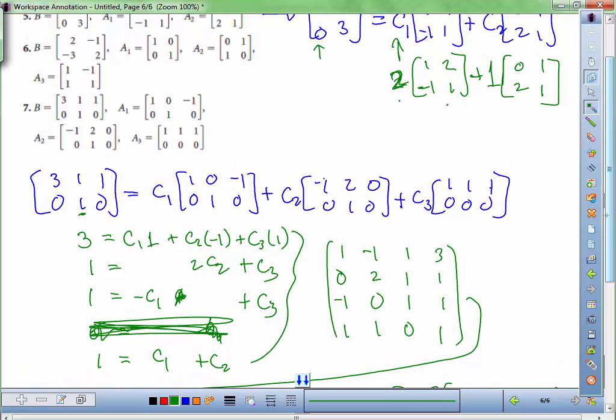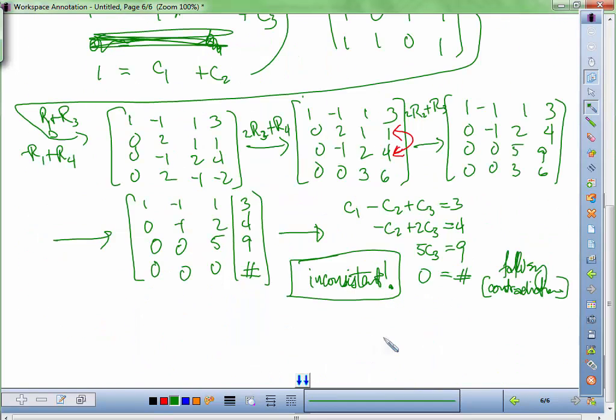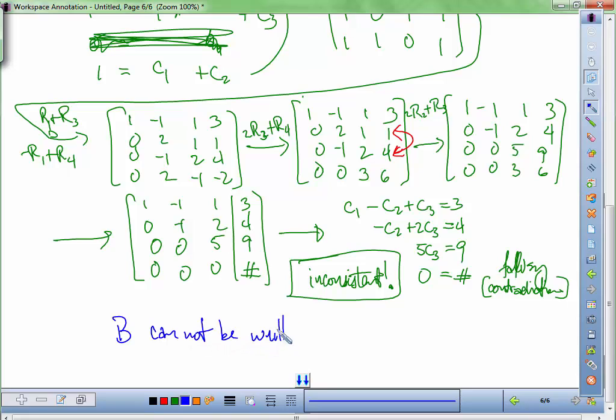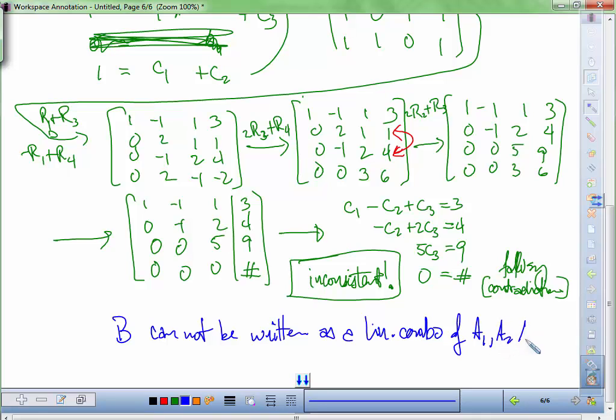So we can conclude that B cannot be written as a linear combination of A1, A2, and A3. Is there another way to write this?